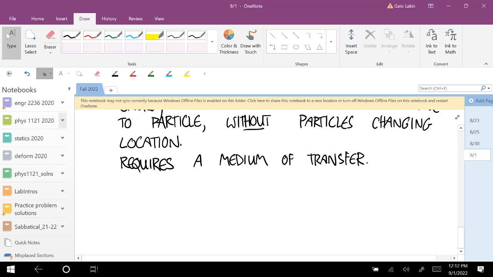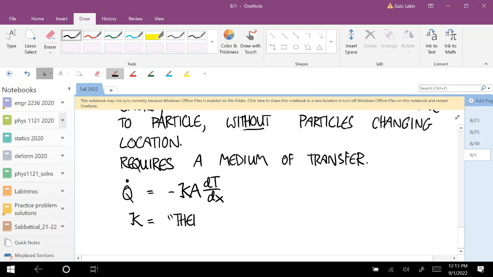And the formula for this is that Q dot is equal to negative kappa times A times dT dx. And I'll tell you what all of these mean. Kappa is a material property called the thermal conductivity.